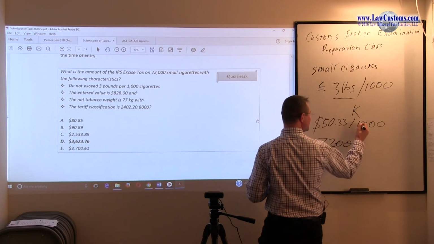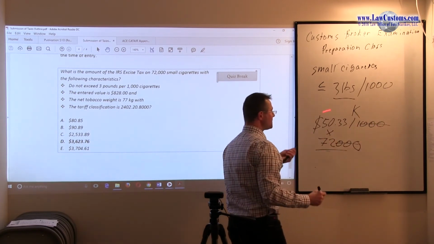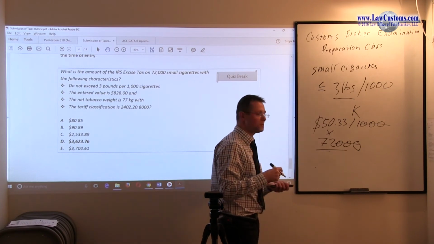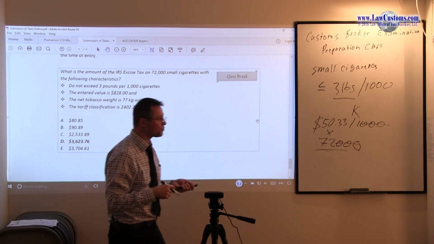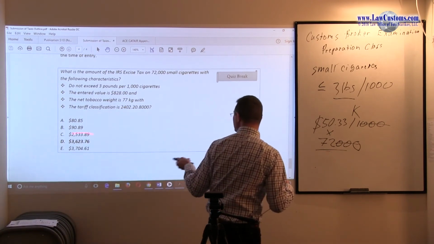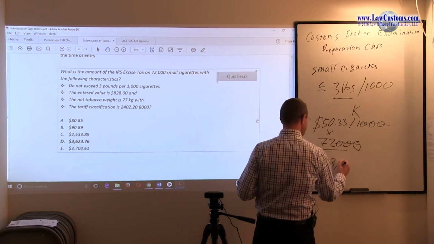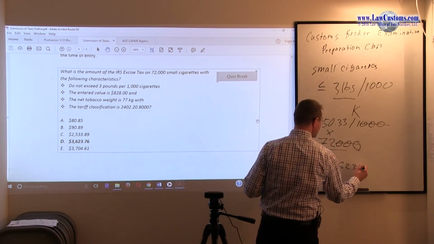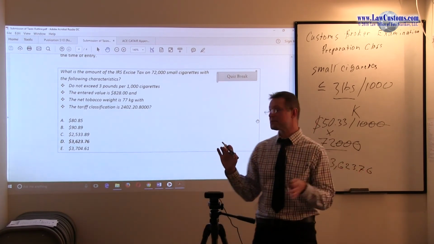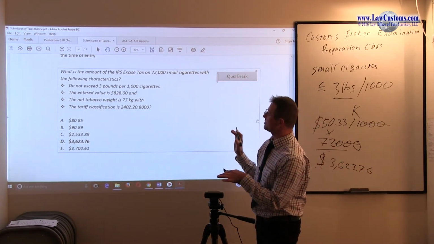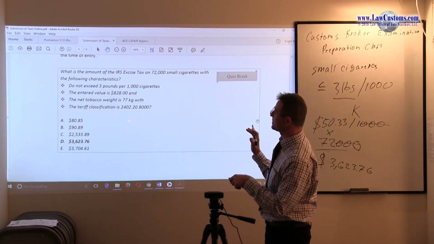You can just take out the zeros here, and you can multiply $50.33 by 72, and what you'll get is this answer: $33,623.76. Notice, customs provide you with a lot of other information which may not necessarily be relevant, right?